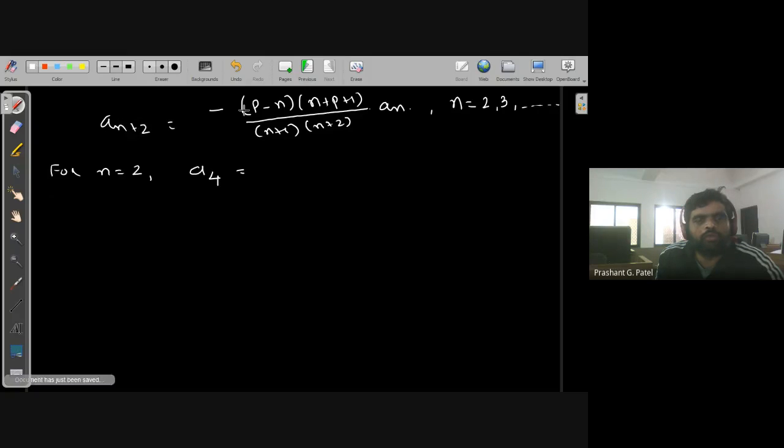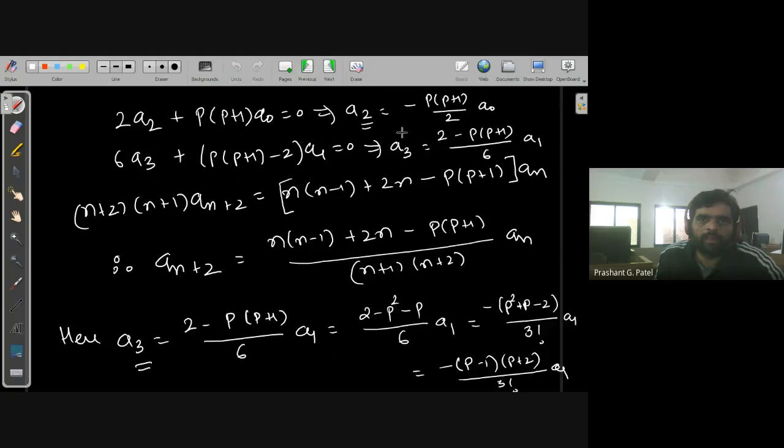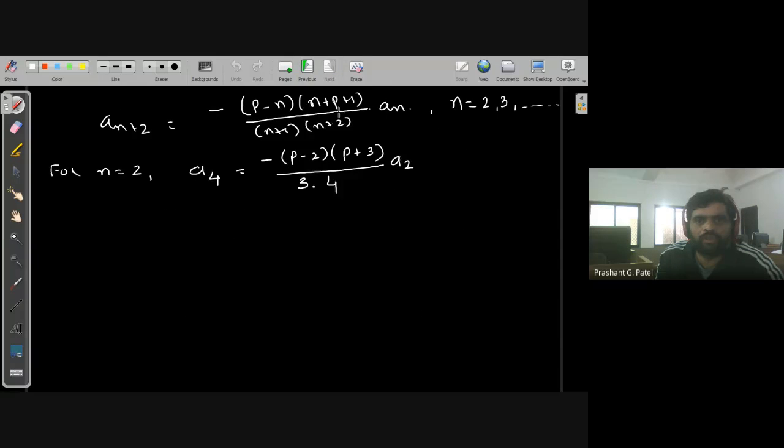So n equal to 2, we'll have a4, which is minus (p minus 2)(p plus 3) upon 3 into 4 into a2. The value of a2 is minus of p(p plus 1) upon 2 a0. If I substitute that value here, then we will have it as p into (p minus 2)(p plus 1)(p plus 3) upon 2 into 3 into 4, so it is 4 factorial a0.